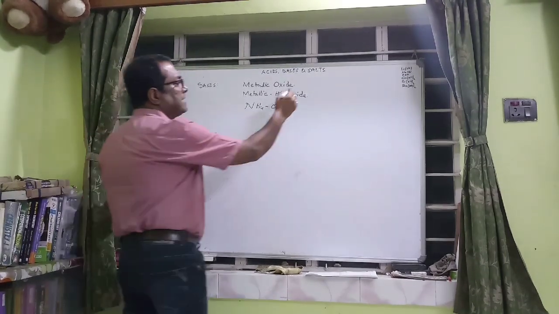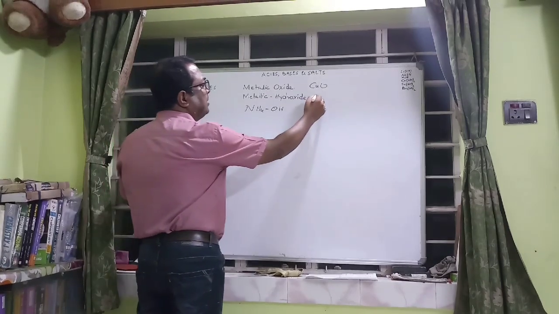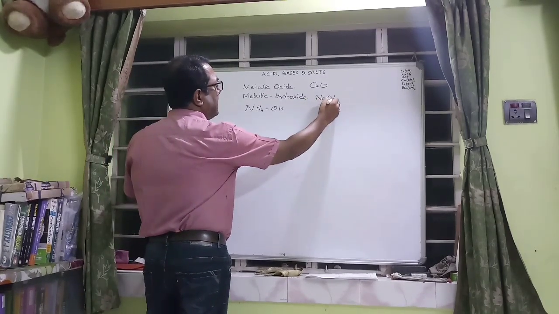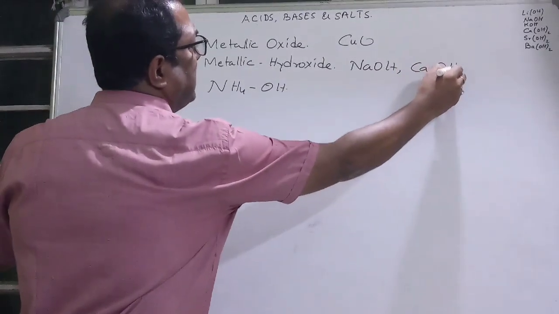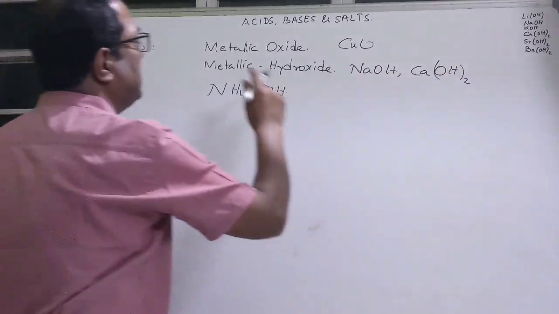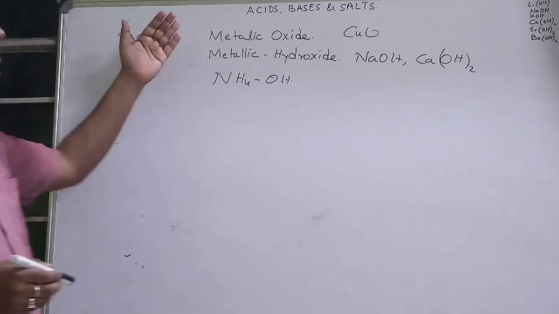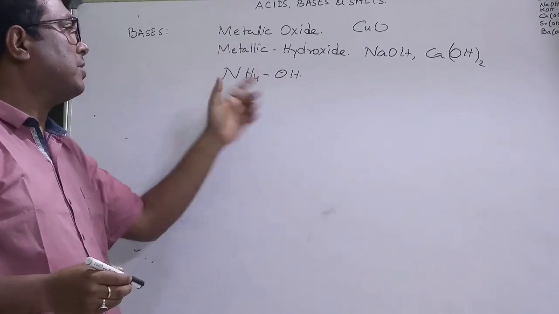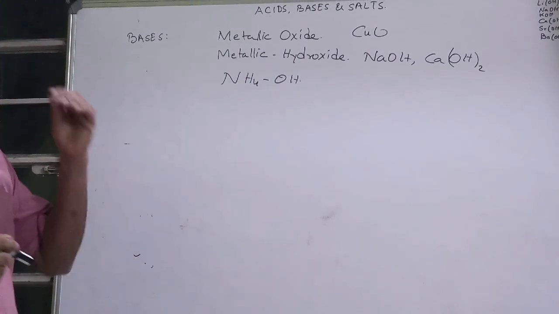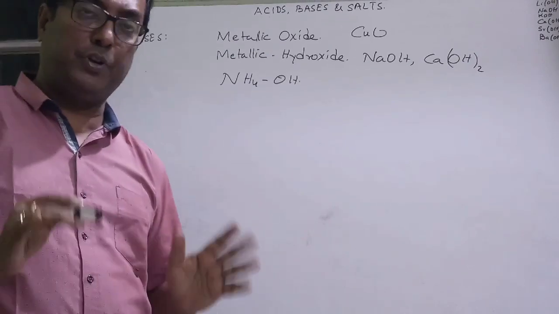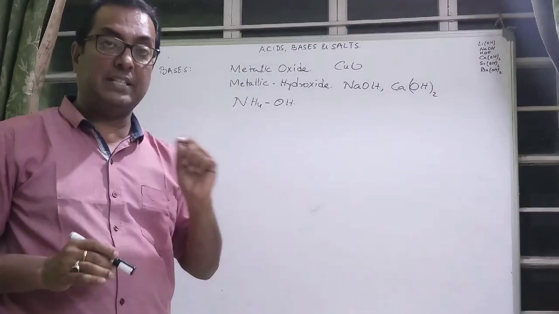If I take examples like copper oxide, sodium hydroxide, calcium hydroxide, you can see students, they are all bases. They react with the hydronium part of the acid to produce salt and water only. Here the word only has much importance.